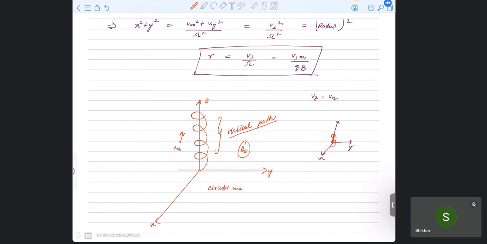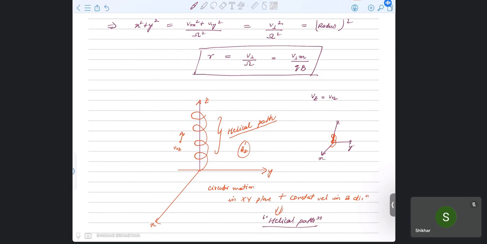So the resultant path, circular motion in the xy plane plus constant velocity in the z direction, will give you something which is called a helical path. Right? So this is how the particle will move.